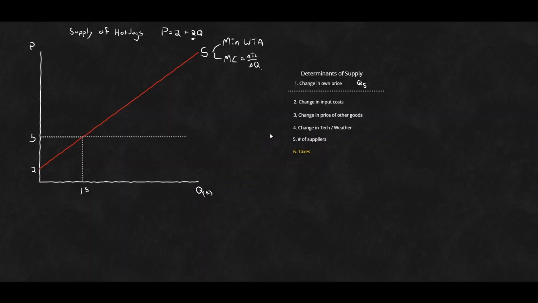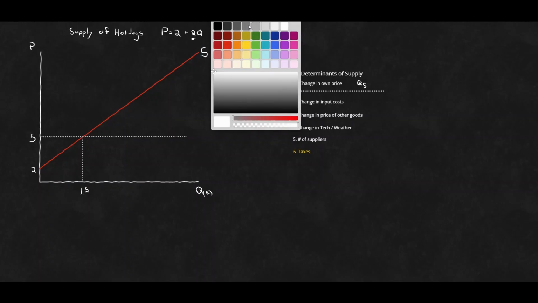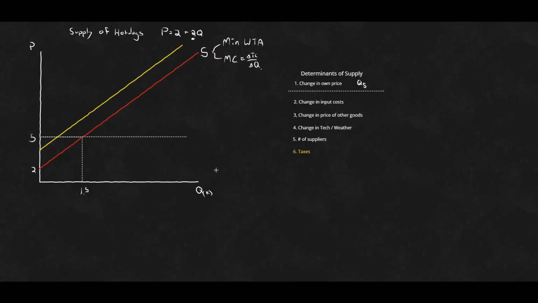So for example, if we were to put a tax on this producer, the impact of this tax, and let's use yellow again for that, would be the supply curve moving to the left.